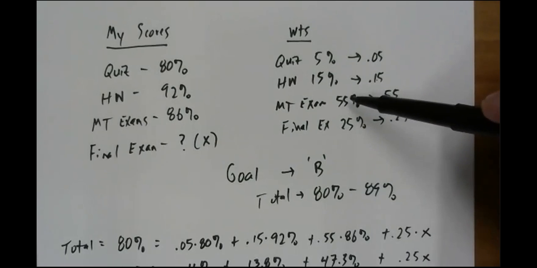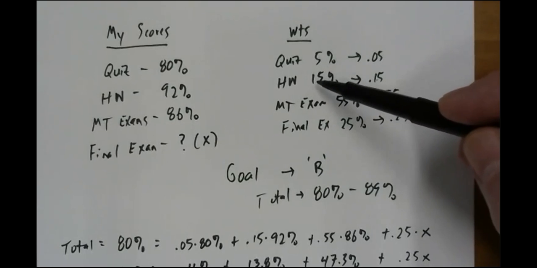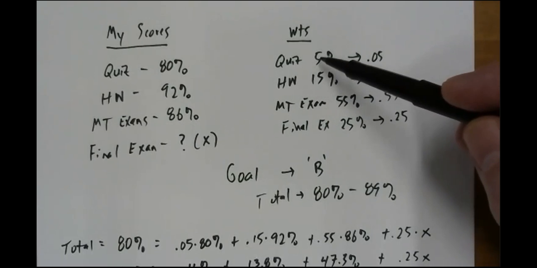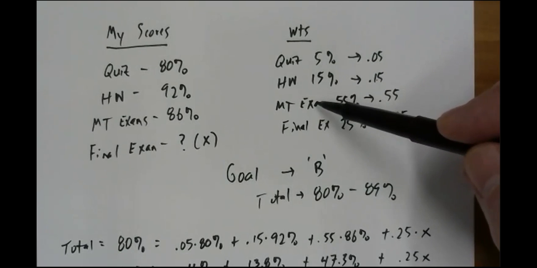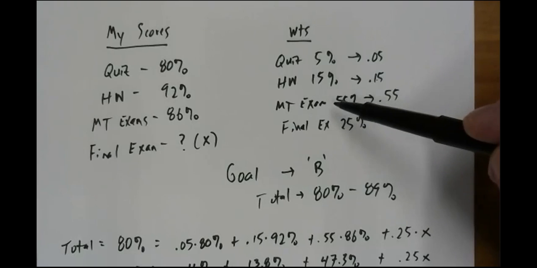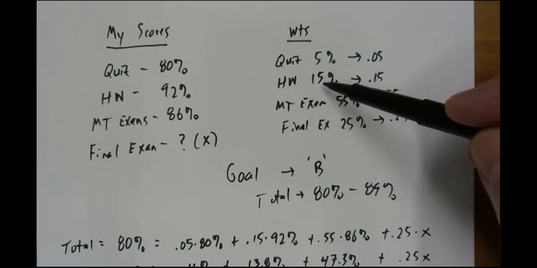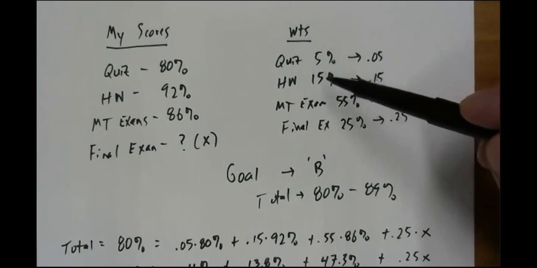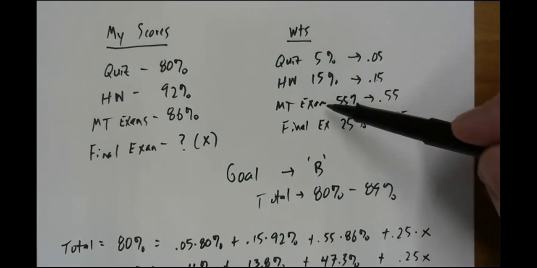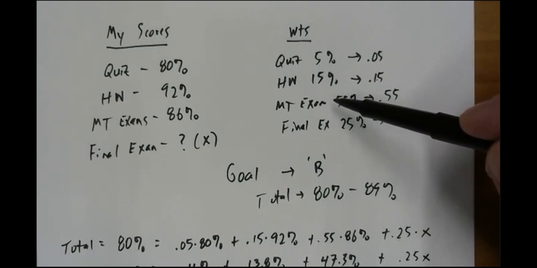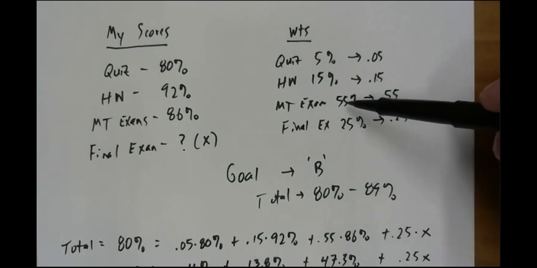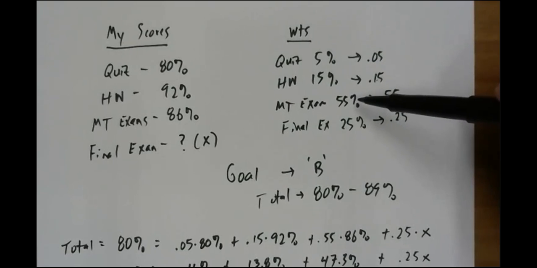So oftentimes there'll be students who do good on the homework, they really work hard, they come to class, they have a pretty good quiz score, and for whatever reason, they don't do very well on their midterm exams. But they think, well, I've got a really good homework score and a good quiz score. Now, I didn't do so good on my midterm exam, but why is my grade so low? Well, because look, your midterm exam is worth over half the total.